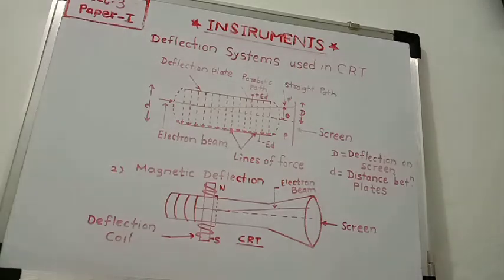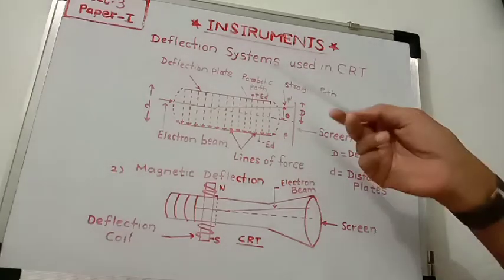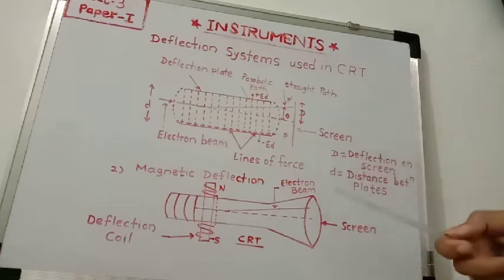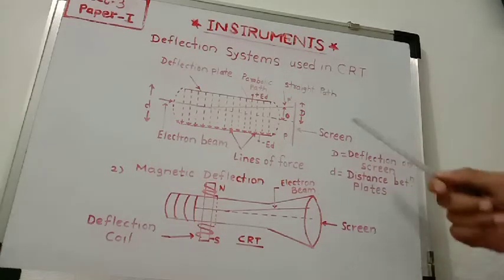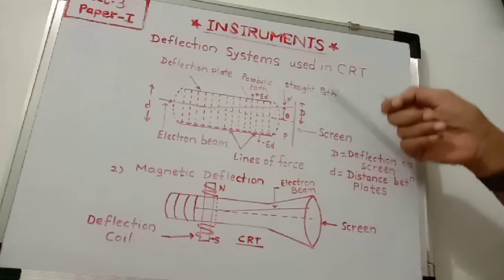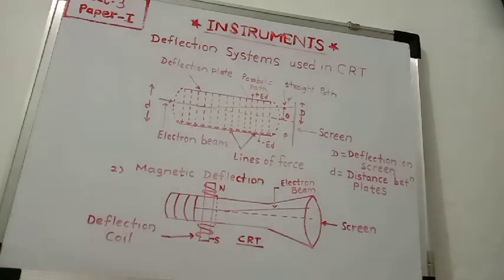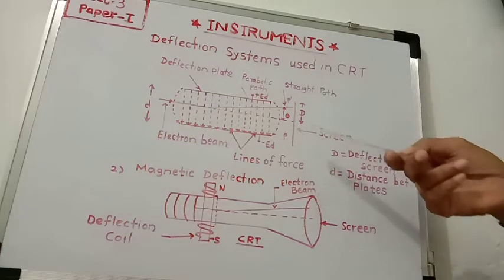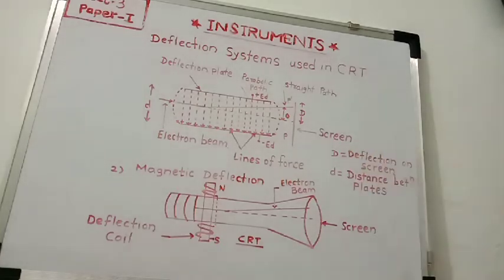So two pairs of deflection plates are used in the CRT: vertical deflection plates and horizontal deflection plates. The vertical deflection plates are used to deflect the electron beam in the vertical direction, so that the waveform can be shifted upward or downward on the screen, or the spot can be deflected upward and downward by using these plates.